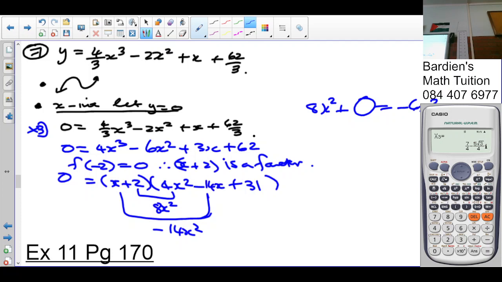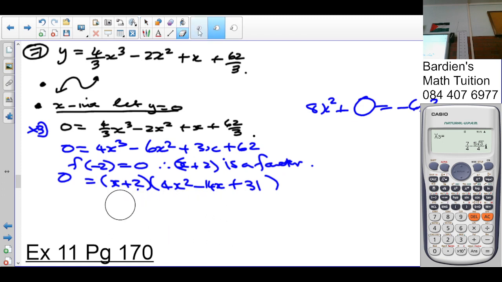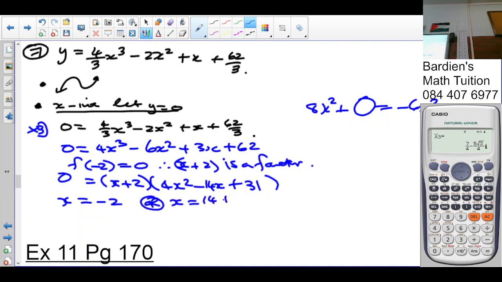Now that's a quadratic. To factorize a quadratic, there are one of two ways: either the factors, in which case it's not going to give us factors here, or the quadratic formula. So we go x is equal to minus b plus minus the square root of b squared minus 4ac over 2a.